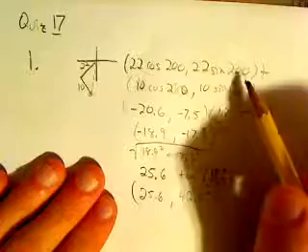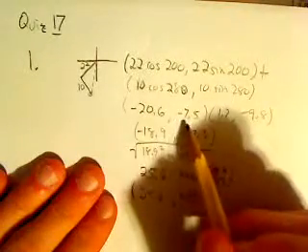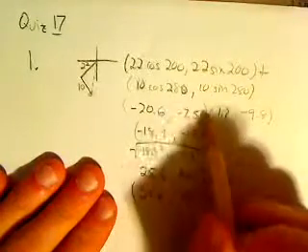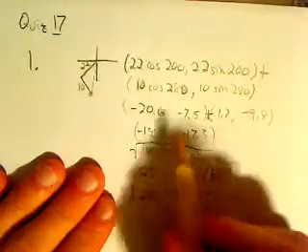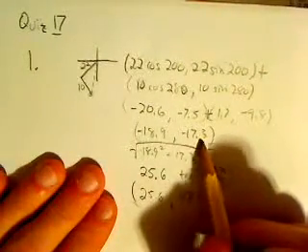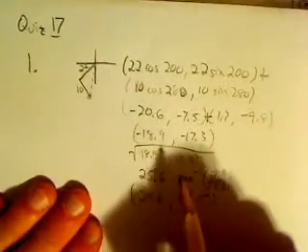Then you calculate all these values here, and that comes to negative 20.6, negative 7.5, 1.7, and negative 9.8. Adding these two together, we get negative 18.9 and negative 17.3 as our x and y coordinates for the final position.